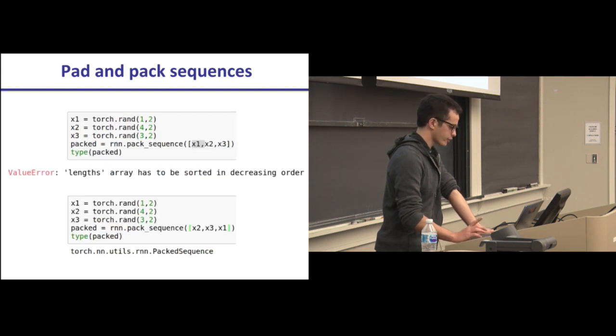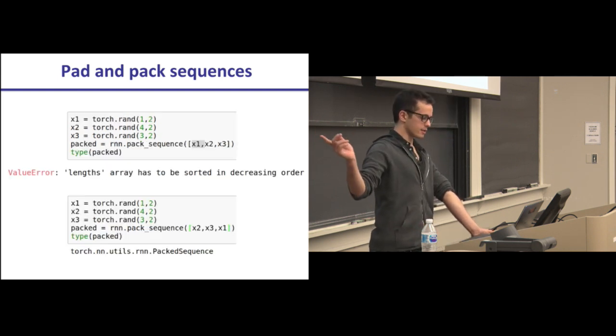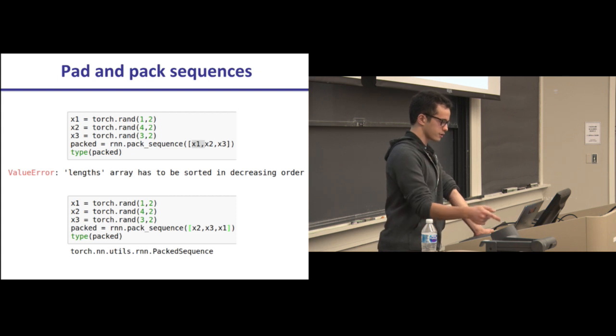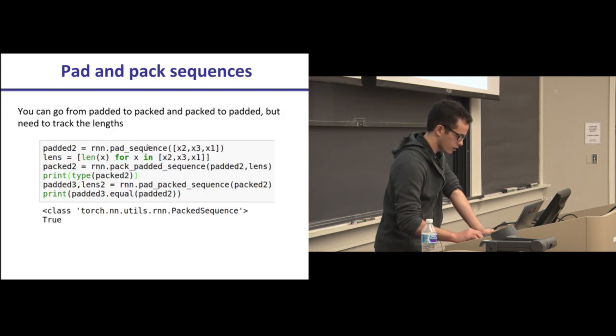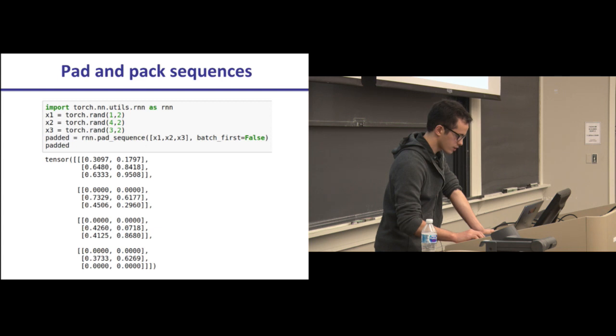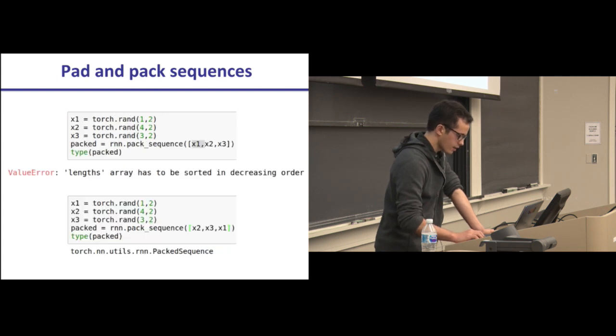Packed sequences are a little more tricky, just because, like I said, you need to give it the sequences sorted by length in decreasing order for it to work. So you use the packed sequence method. All of these are in torch.nn.utils.rnn.